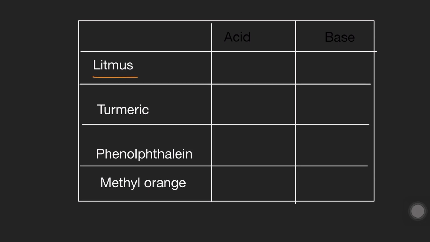Now we have some other indicators. Litmus paper we have already discussed. If you put it in an acid, it turns the litmus paper red, right? And for base it turns it blue. For turmeric, it does not change with acid, but with base it changes the color to red.